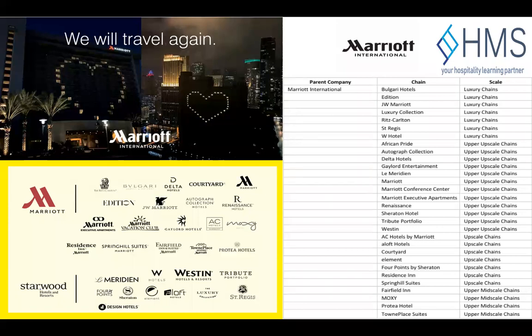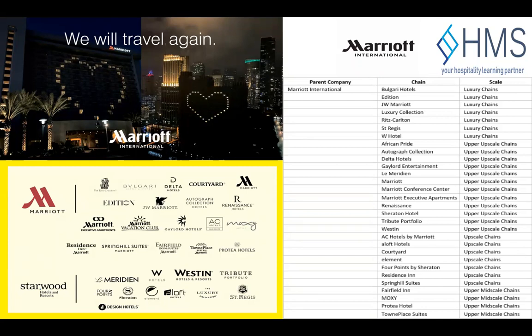Now, here there are different scales of hotels, right from the luxury scales. I've taken the example of the Marriott Group, or Marriott International. The luxury chains include Bulgari, Edition, JW Marriott, Luxury Collection, Ritz Carlton, St. Regis, W Hotel. The upper upscale would include African Pride, Delta Hotels, Autograph Collection, Le Méridien, which is, of course, a very famous Marriott chain, which was an upper upscale chain.